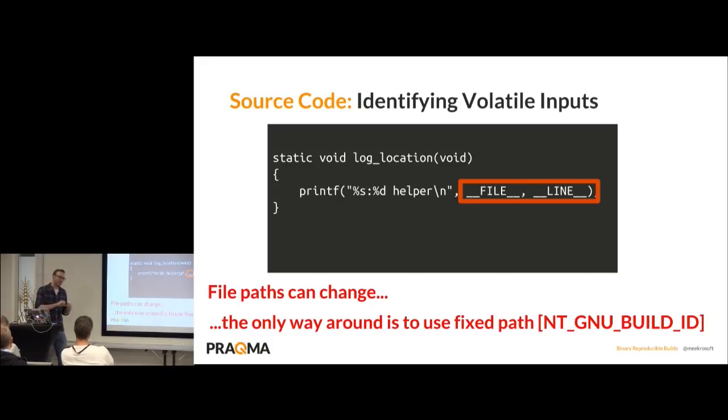Some people thought we could maybe get around this if we just strip the binaries, because it's going to be in the debug symbols. So, okay, assuming you don't have this macro, you still have this problem because the debug symbols have got the path in them. Now, if you strip the binaries, you still have the problem because there's this thing called nt_gnu build ID, which is used by the debugger.